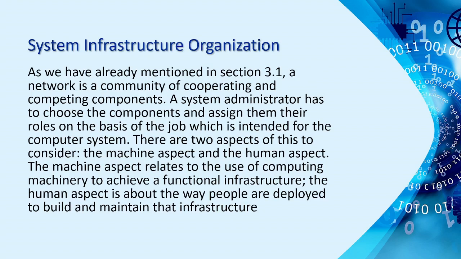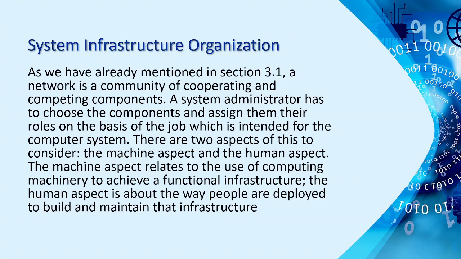So, system infrastructure organization. As we have already mentioned, a network is a community of cooperating and competing components. A system administrator has to choose the components and assign them their roles on the basis of the job which is intended for the computer system. So there are two aspects to consider, the machine aspect and, again, the human aspect.